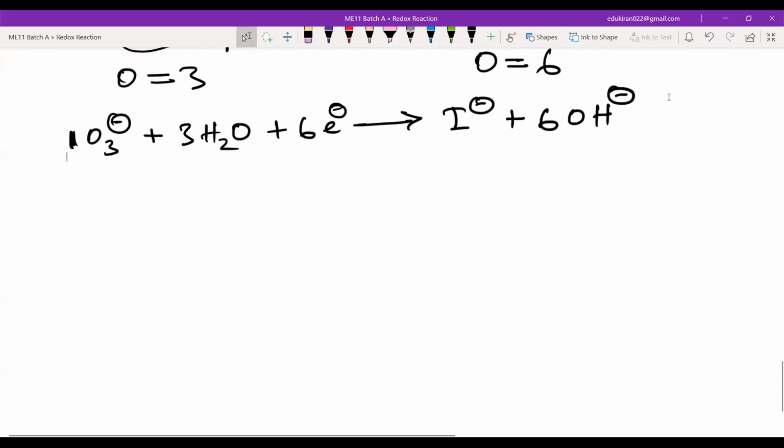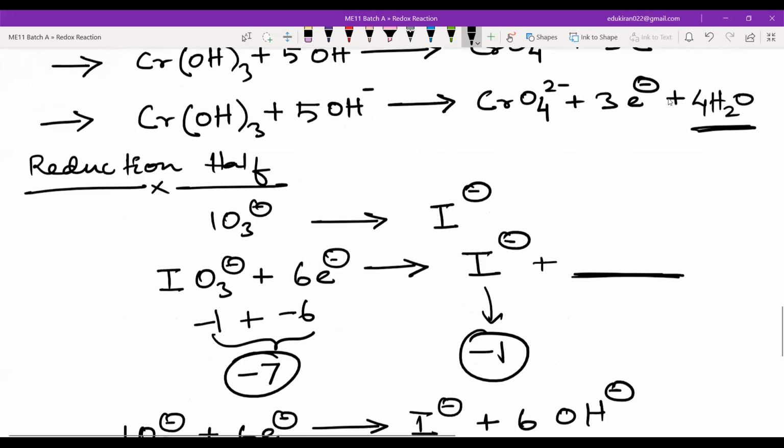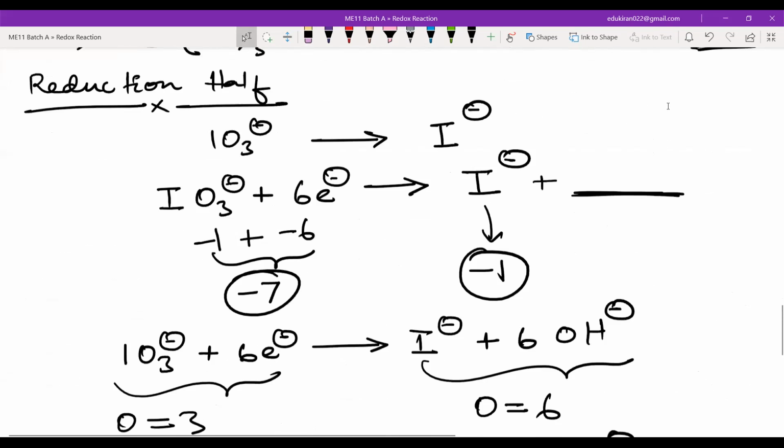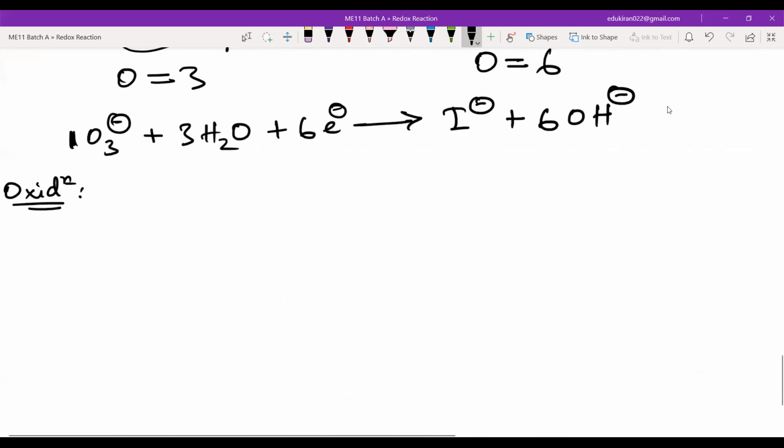It is going to give me CrO4 2 negative plus 4 H2O, plus how many electrons? 3 electrons. Yes or no? 3 electrons, yeah.